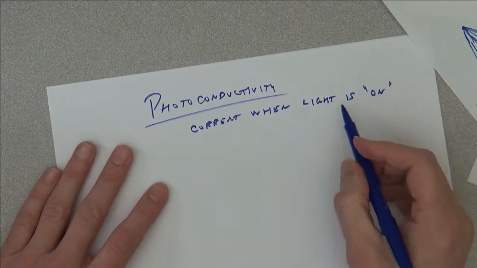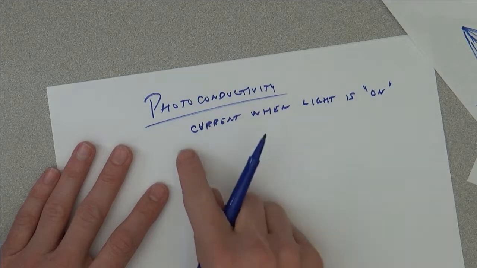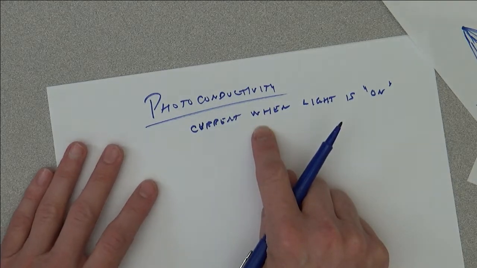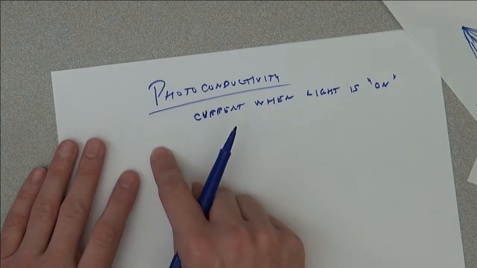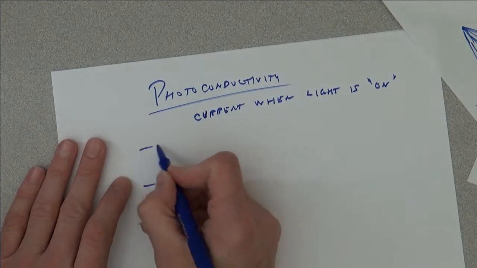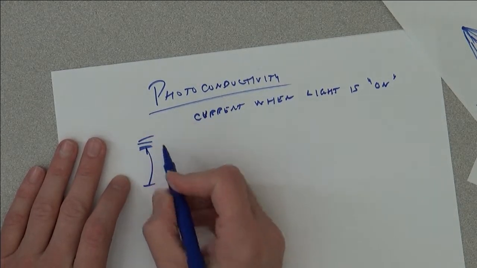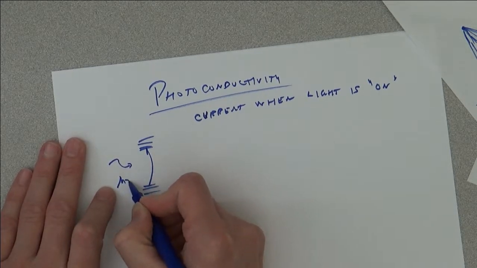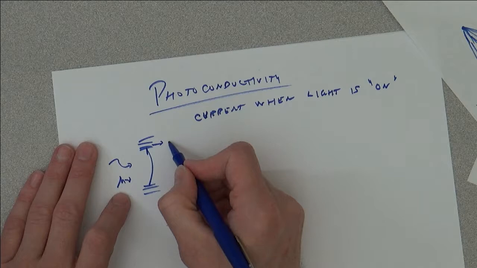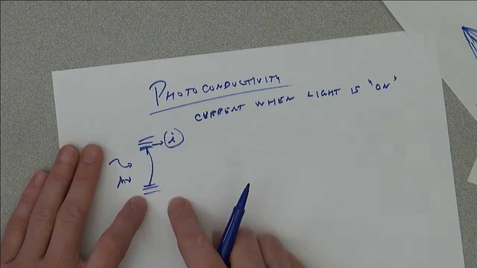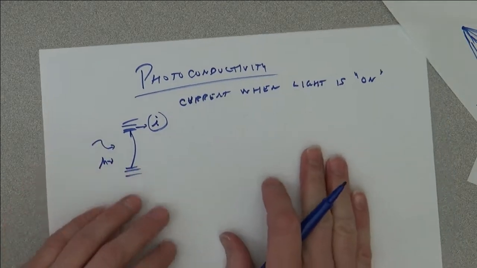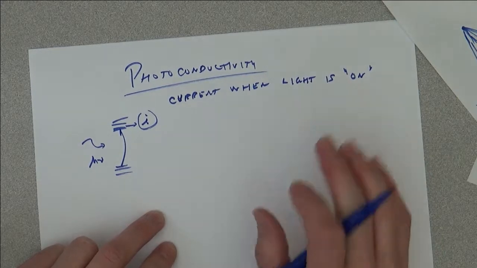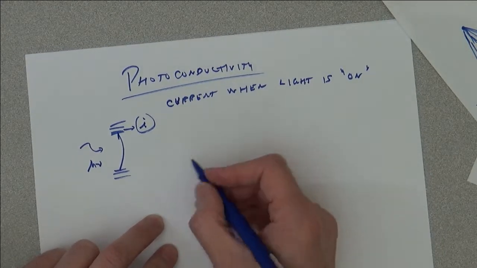So it's a device in which only when the light is turned on, you get electrons that get excited into the conduction band, and you get current. This is also, the optical properties is the basis for photovoltaics.